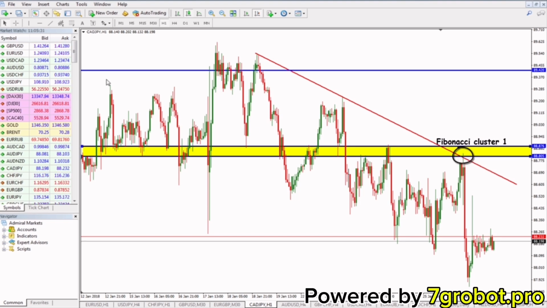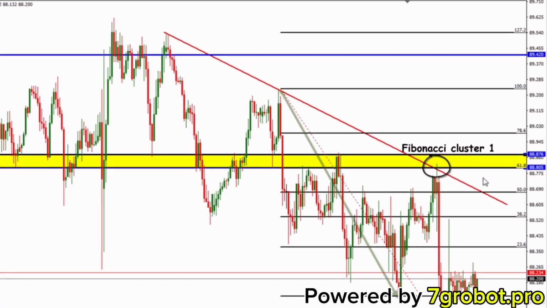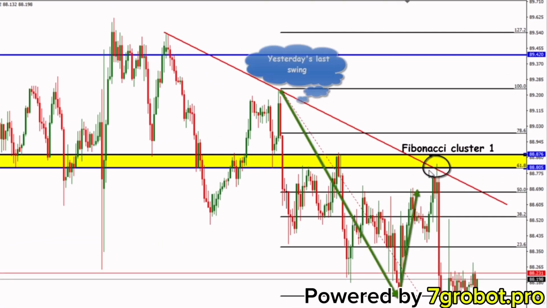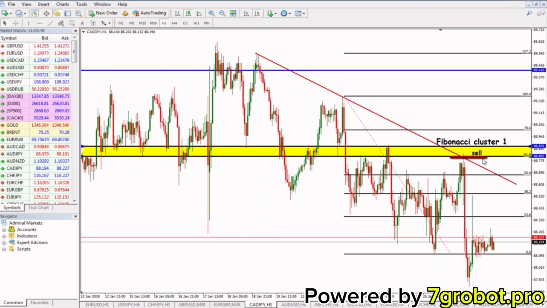When we add the level of Fibonacci that we skipped yesterday, which is the most important level of 61.8, we get a great level for trade setup and to open the sell position. From this level, the price reacted and made a really big decline.